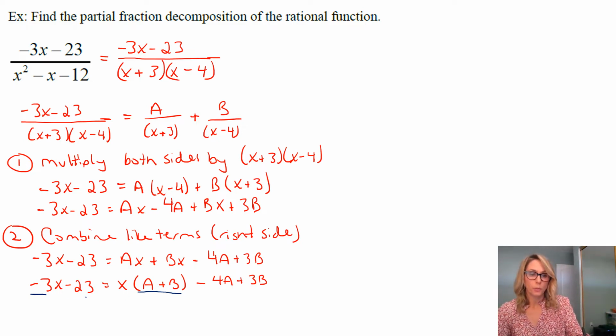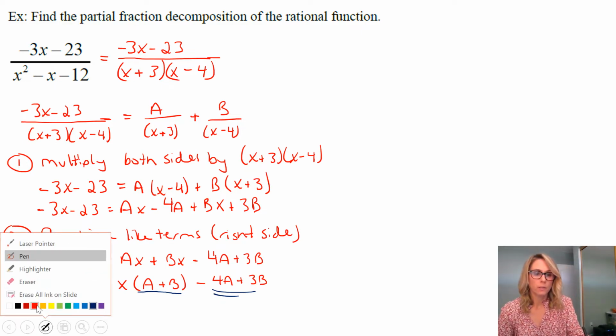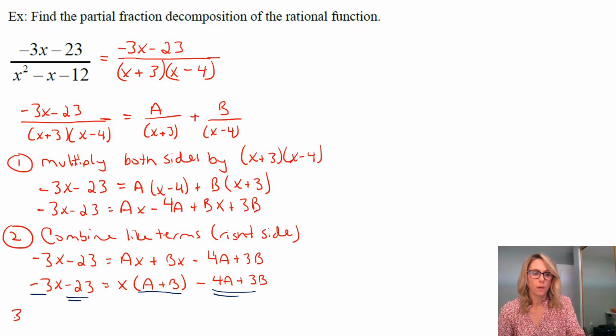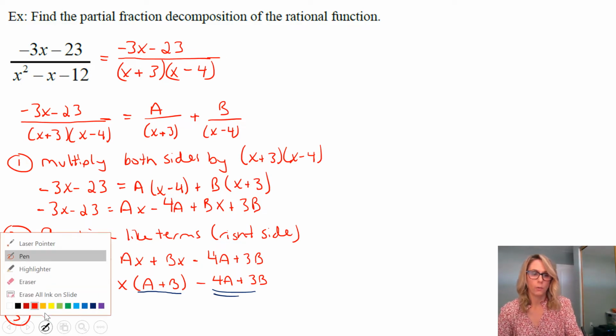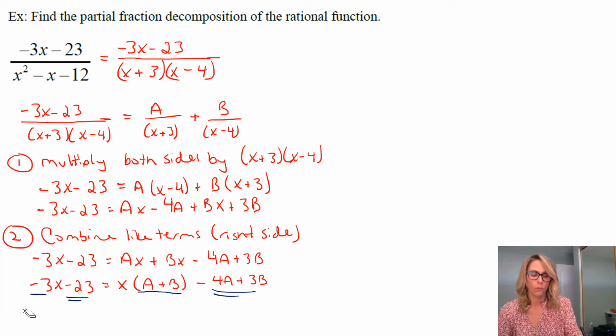What also has to be true is that negative 23, or minus 23, is going to need to be equal to negative 4a plus 3b. And that those things must be true. So now, I'll write one more line, and then we'll go from there.